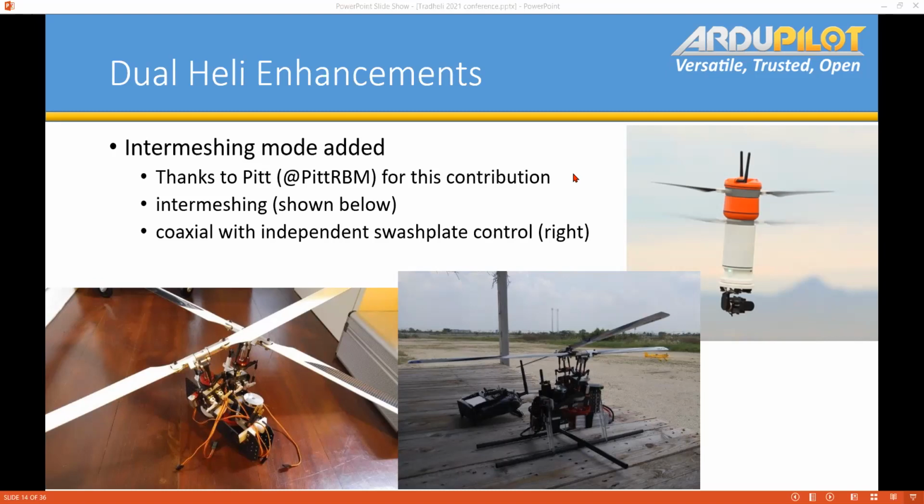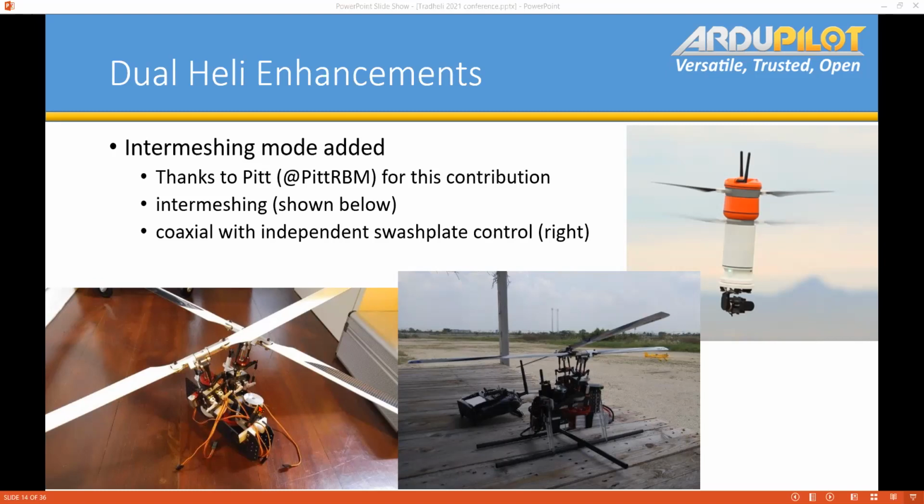Those are full scale intermeshing rotor configurations. Essentially you have two shafts, and the two-bladed rotors are angled very close together, but such that the rotor of one can pass over the top of the shaft of the other, and they're synchronized so that they can intertwine, or intermesh.